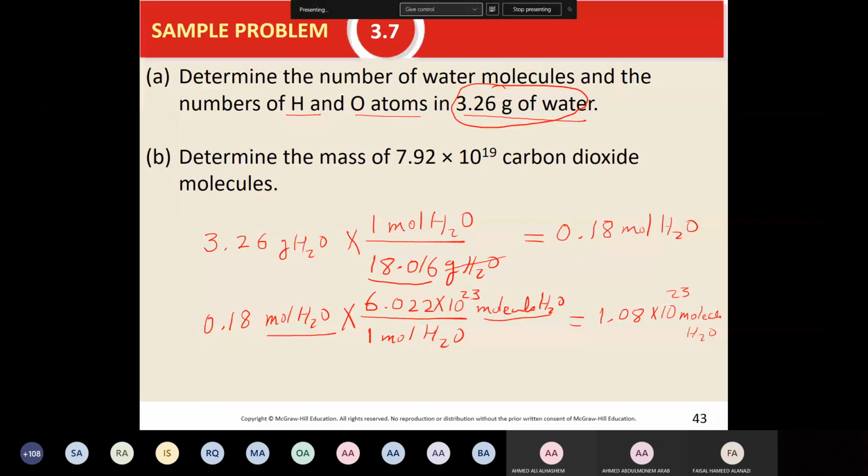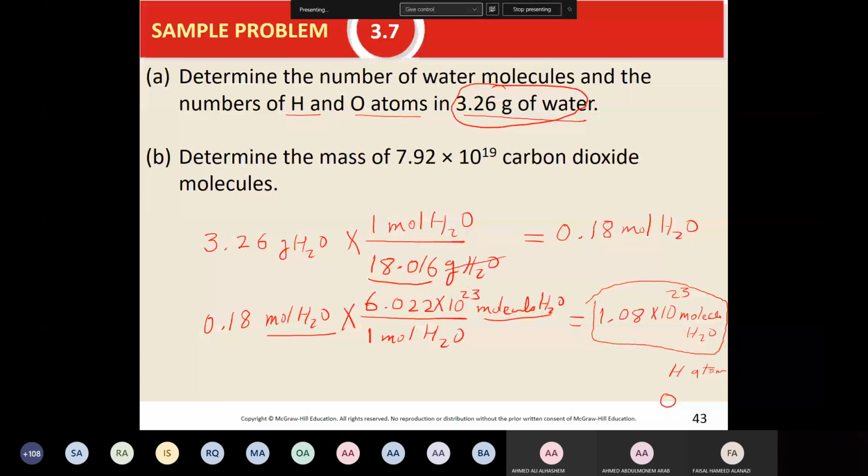Is this clear? Now let me ask you a very simple question. If I have 1.08 times 10 to the power 23 molecule H2O, how many H atoms in this compound? And how many oxygen atoms? First, let's start with oxygen.